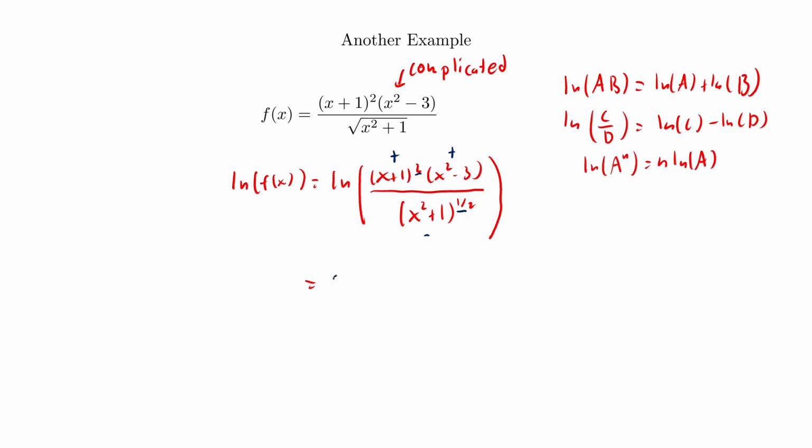So this will just be 2 times the natural log of x plus 1, plus the natural log of x squared minus 3, and then minus, and we're going to pull this 1/2 out, the natural log of x squared plus 1.